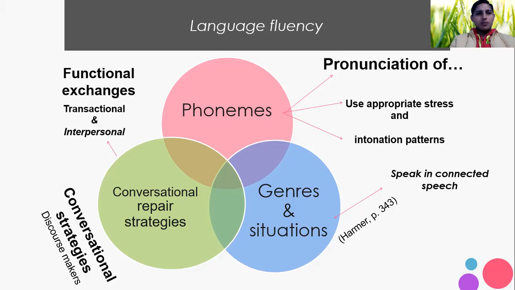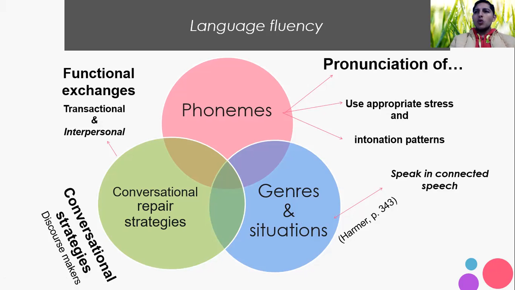For your potential implementations in the future. Well, when we think of the speaking skill, we take into consideration fluency and accuracy. When we talk about language fluency, we talk about phonemes, basically pronunciation of those phonemes with the appropriate stress, with the suitable intonation patterns, okay?